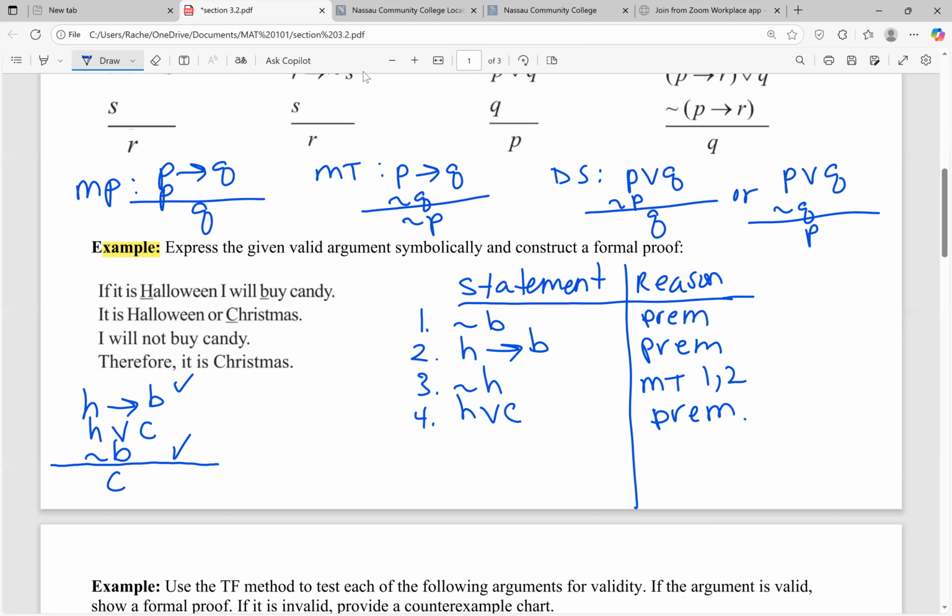So we're negating the left-hand side of this disjunction, not H. Then we can conclude C by the disjunctive syllogism, right? On 3 and 4. So that's this one right here that I just circled. And C is my conclusion. So we just showed that it's true. And that concludes my formal proof.